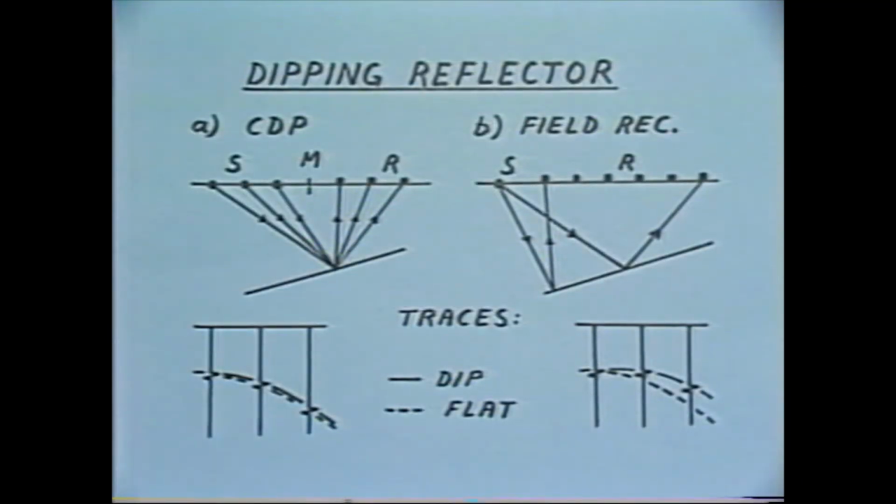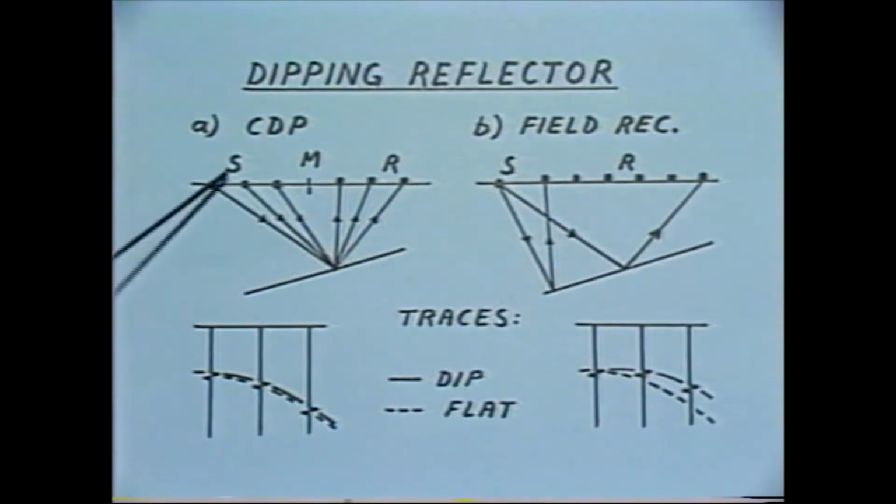Now, one particular characteristic of this hyperbolic curve on a set of common depth point traces, which is different from what it is on the original field record, is that for a particular reflector, that curve does not depend on the dip of the reflecting interface in the Earth.